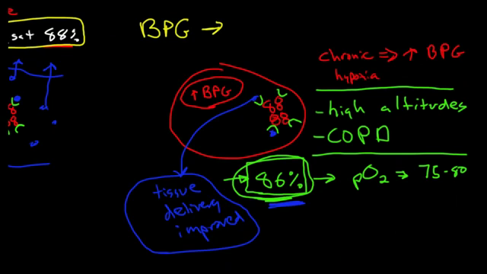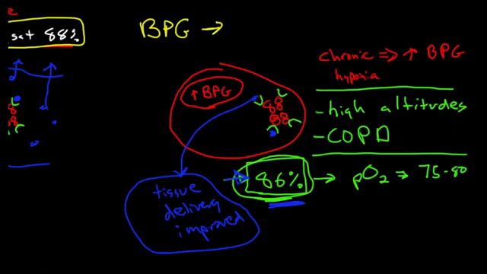And the same is true with people who live in the high Himalayas up at 16,000 feet. They're also going to have lower oxygen saturation levels at the arterial end just naturally.